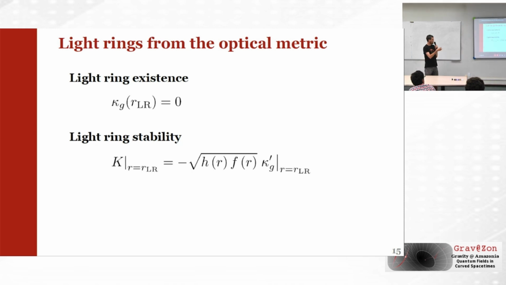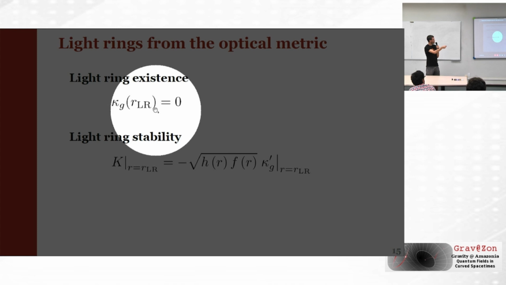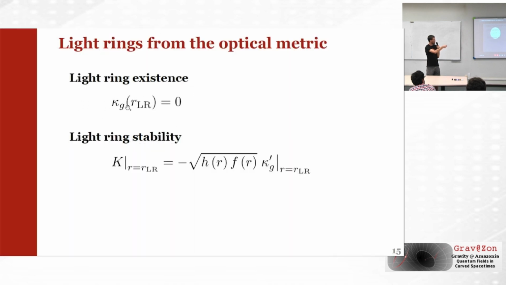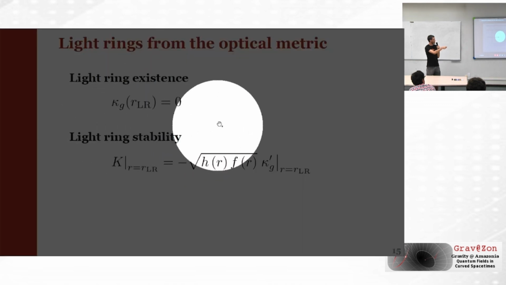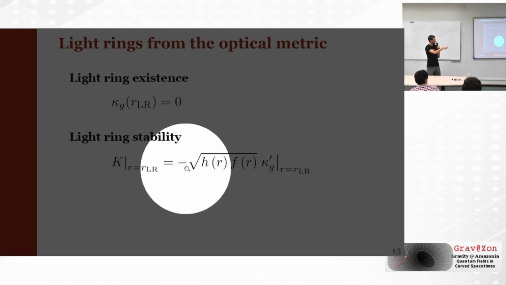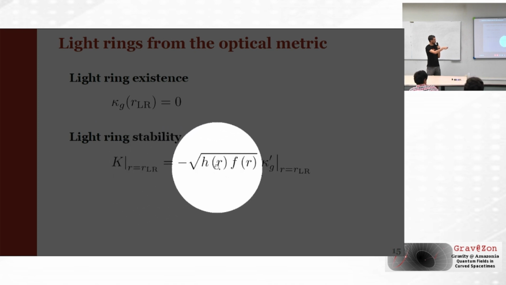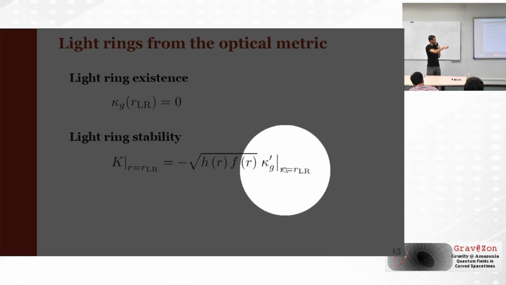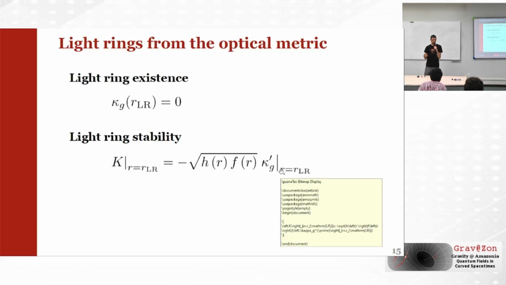So for the null geodesics, we know that for a curve to be a geodesic, it has to have a vanishing geodesic curvature. And if we compute the stability for curves that satisfy this condition, what we obtain is this expression for the Gaussian curvature. This term will always be negative, and this will depend on the slope at which the geodesic curvature crosses the horizontal axis.